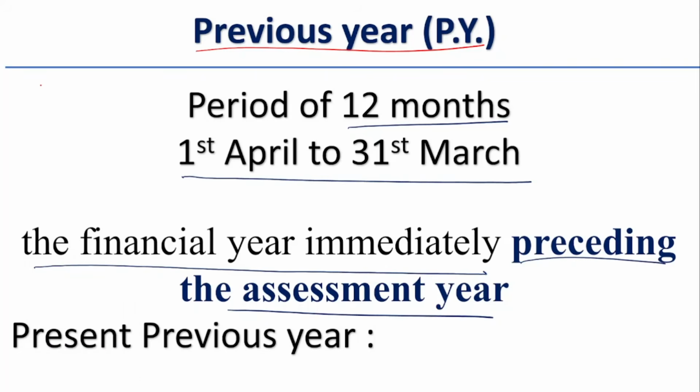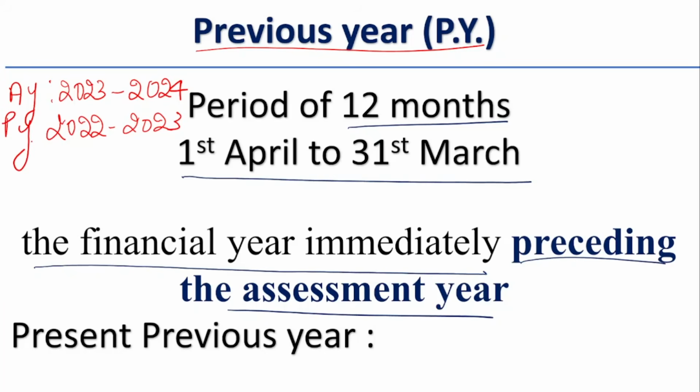For example, let us take our assessment year is 2023 to 24. Preceding year means 1 year before, means 2022 to 2023. So this is known as previous year. So whatever the income you have earned in this 2022-23, that is the previous year, for that you will calculate the tax and you will pay the tax in the assessment year.